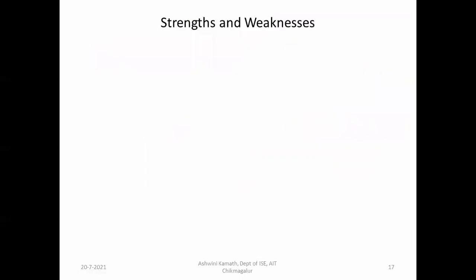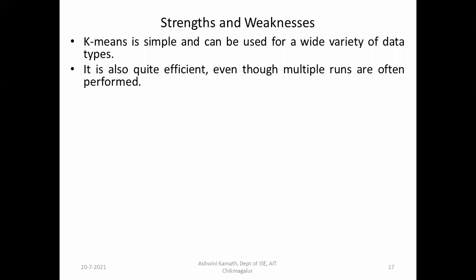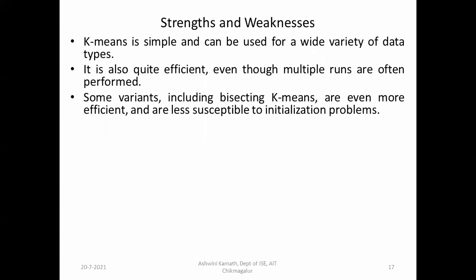So we use K-means to find clusters that are subclusters of the natural cluster. Instead of merging into another cluster, it has created subclusters. Strengths and weaknesses of the K-means algorithm. The K-means algorithm is simple and can be used for a wide variety of data types. It is also quite efficient, even though multiple runs are required.